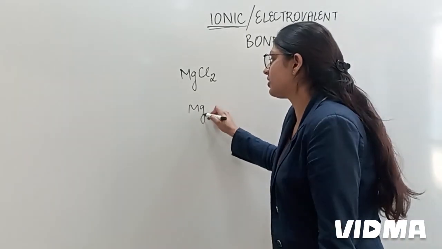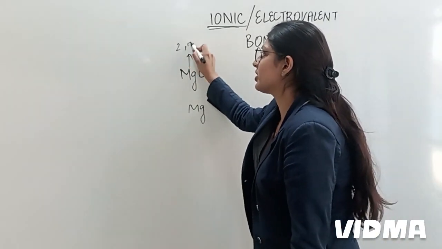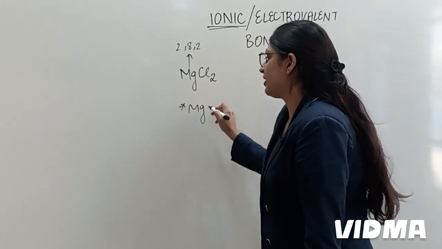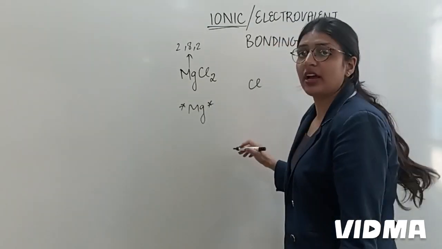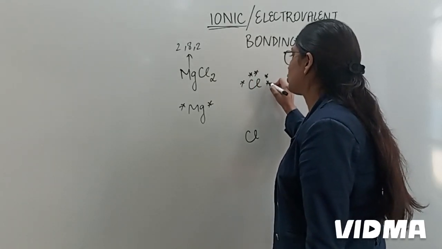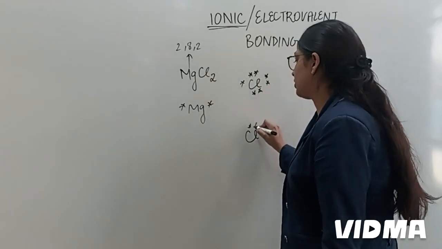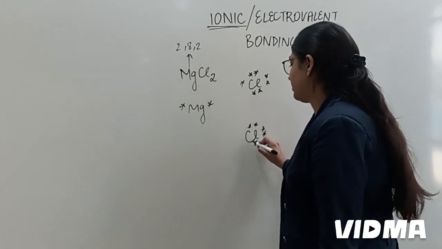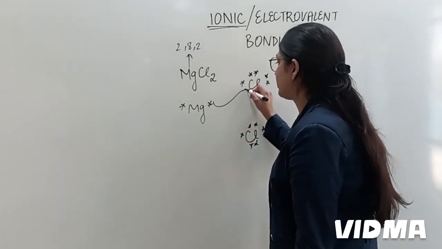First we will write the configuration for magnesium, which is 2,8,2, and we will draw 2 valence electrons like this. Then we will have chlorine atoms. Again we have 7 valence electrons, so we will make the Lewis diagrams for the chlorine as well, and again we can show the transfer of electrons.